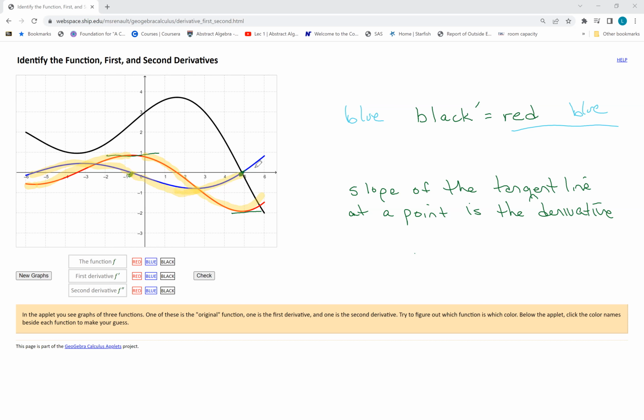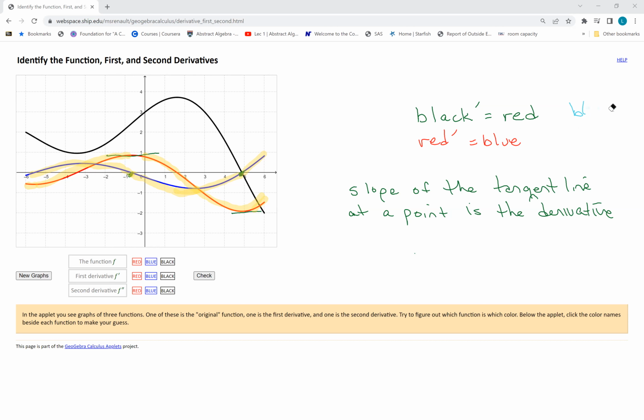And then that's 0. And then I'm increasing and I'm positive. So I know now that blue is going to be on the side up. So the derivative of red is blue. Okay, so I'll say derivative of red equals blue.